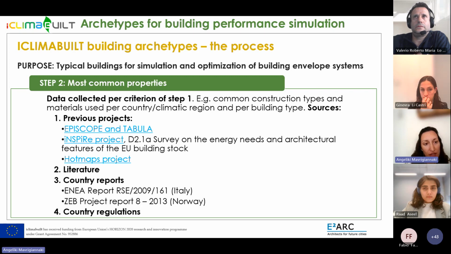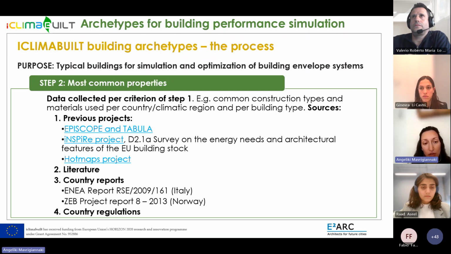Our sources were first previous projects, specifically information gathered in the collaborative effort and results of Episcope and Tabula, which provided information about characteristics of the existing residential building stock. And then the projects Inspire and Hotmaps, where we could gather information for the characteristics of the existing office stock.